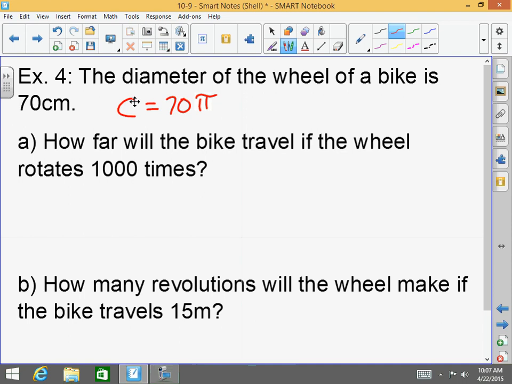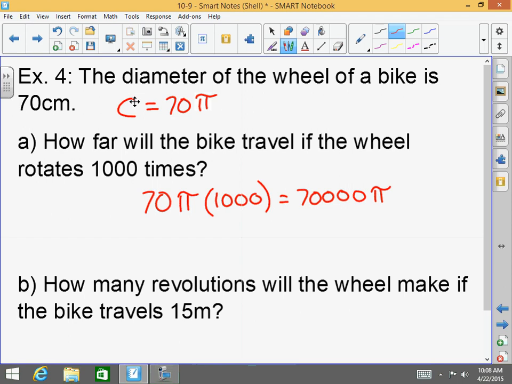So how far will the bike travel if the wheel rotates 1,000 times? Well, let's take the distance around that circle, the circumference, times 1,000. So this would equal 70,000 pi. Usually when they're looking for distances like this, they want real numbers.